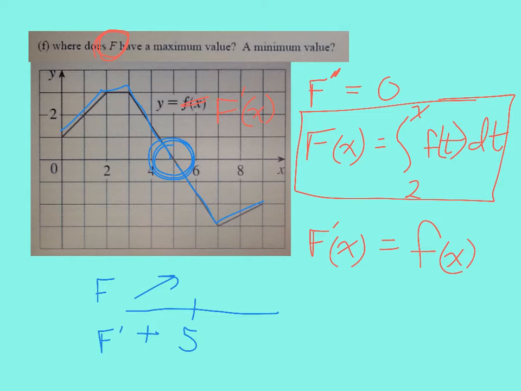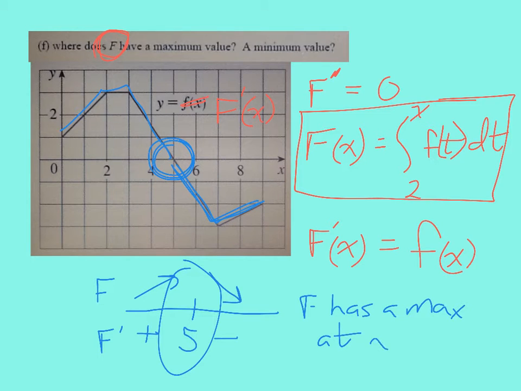After 5, the derivative is always negative, so we're decreasing. So we do get the maximum at x equal to 5. So we have F has a maximum at x equal to 5.